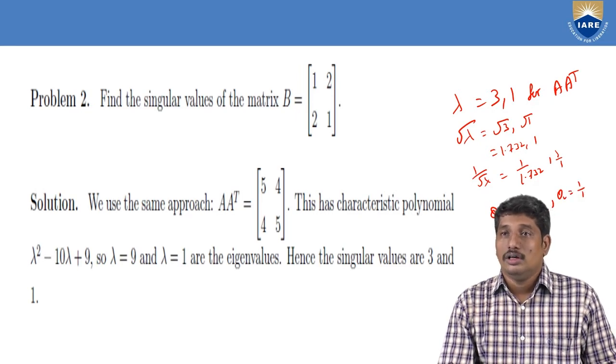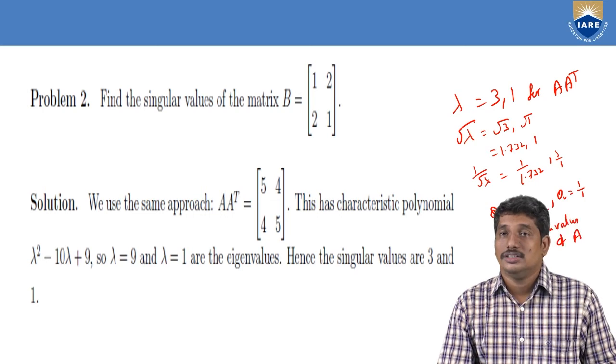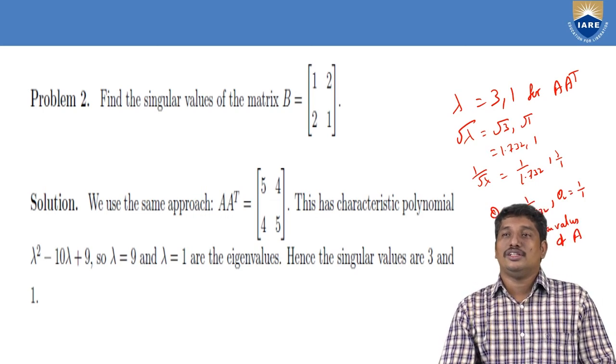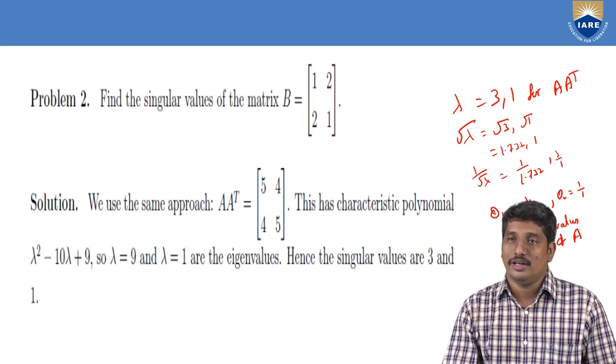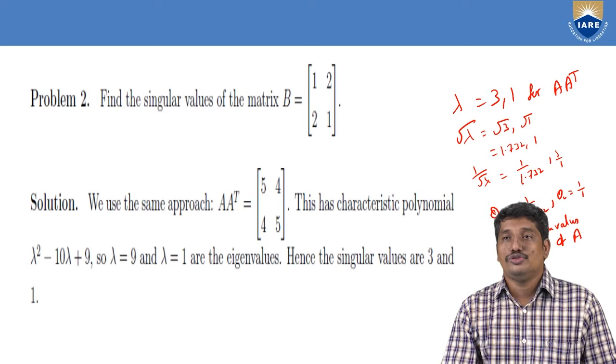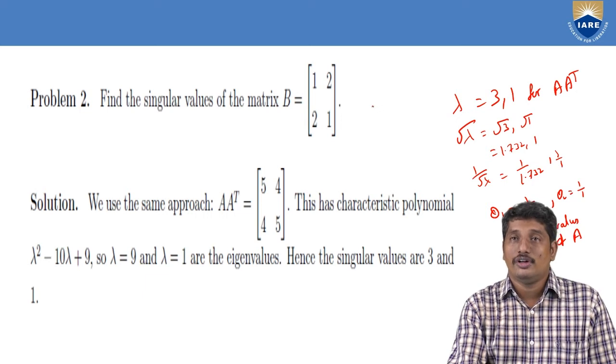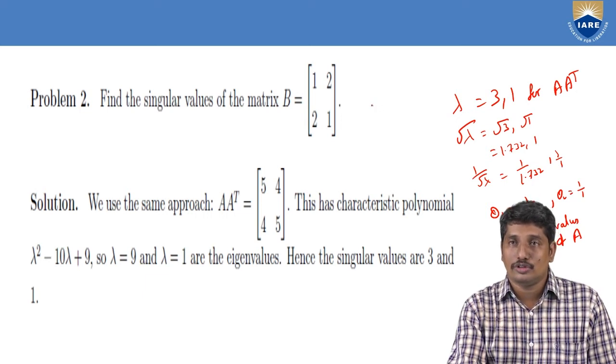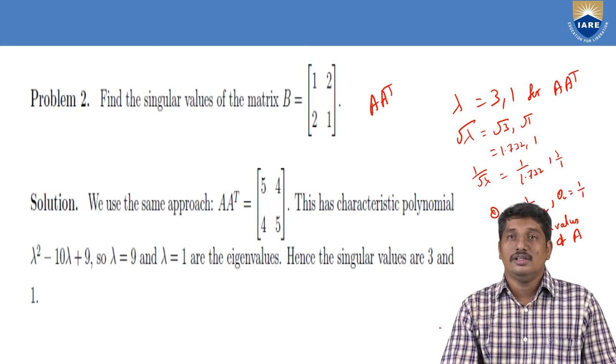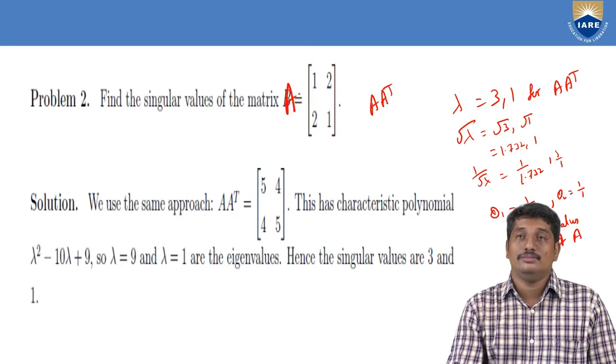So in this way, we can calculate singular values for a given 2 by 2 matrix, which are represented as theta 1, theta 2, which are nothing but reciprocals of the positive square roots of the eigenvalues of A into A transpose. So the reciprocals of positive square roots of eigenvalues of A into A transpose are called the singular values of the matrix A.